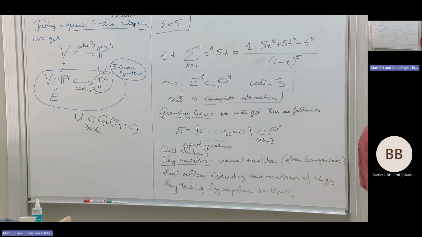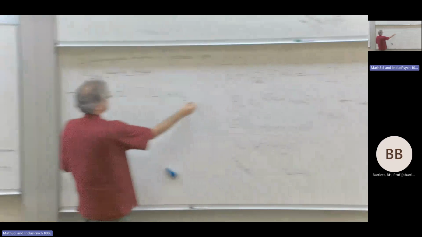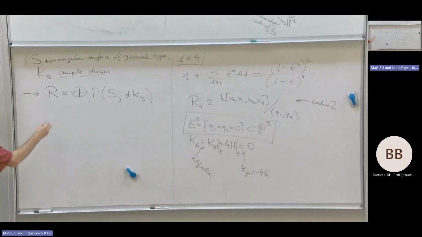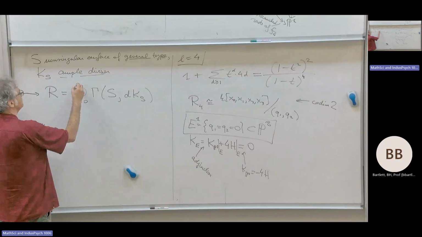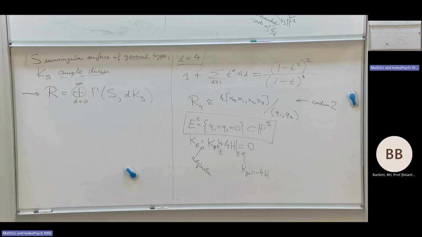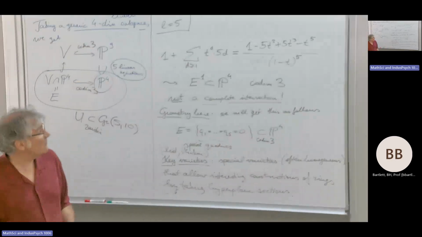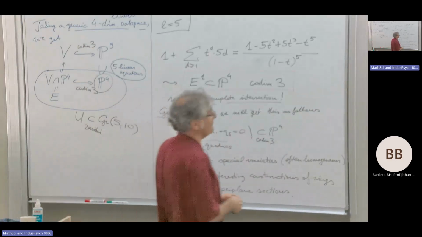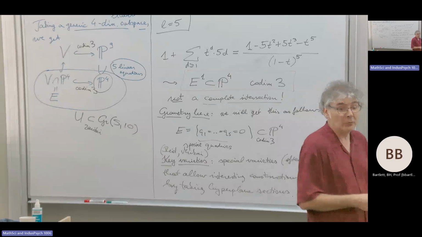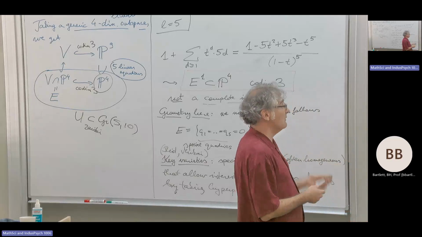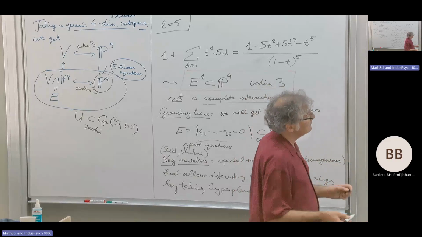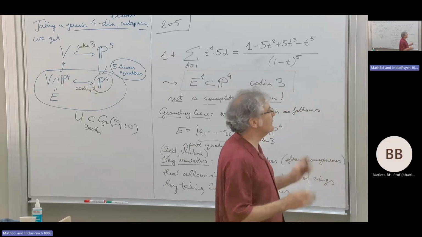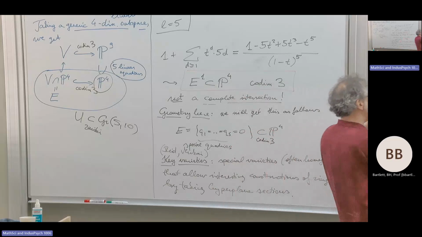I take the direct sum of the global sections over S of D times the canonical line bundle, D equals 0 to infinity. Now, surfaces of general type with ample canonical divisor are not classified. Many examples are known, but we don't know all the examples. In some sense, we never will, but even the small ones are not known. So there are two invariants.